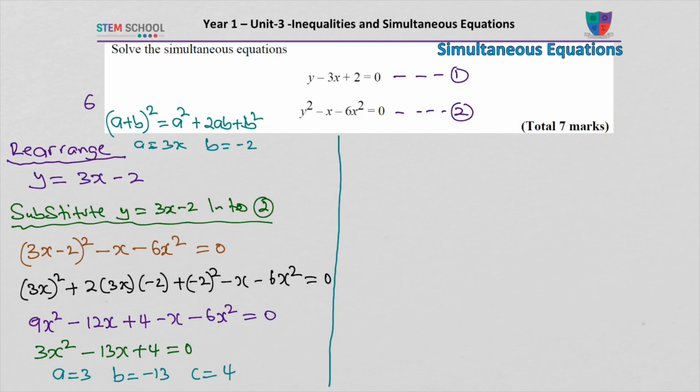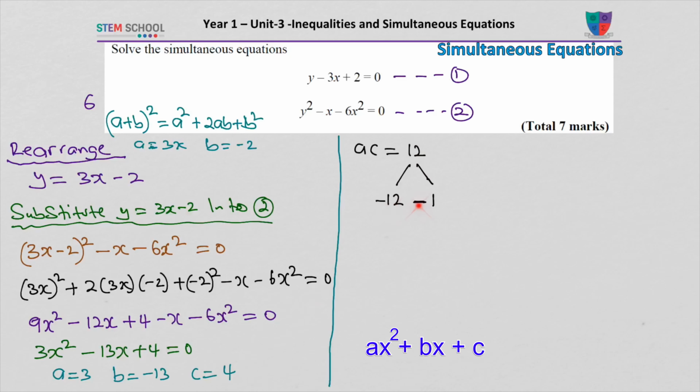Now I need to factorize this equation. So my a is 3, b is minus 13, and c equals 4. To factorize, I'm looking for ac. a is 3, c is 4, 4 times 3 is 12.